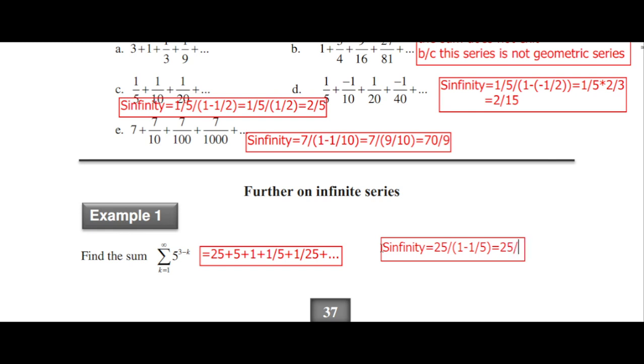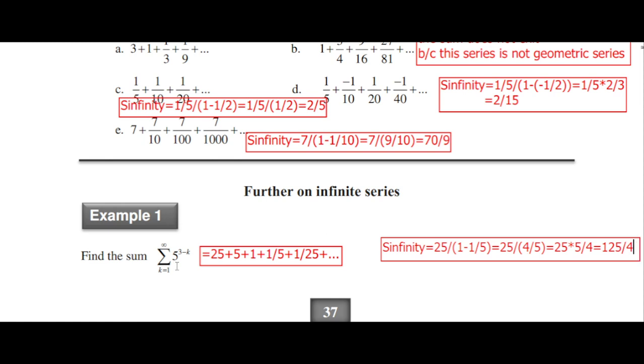25 over, in brackets, 1 minus 1 over 5, which is 4 over 5, which is equal to 25 divided by 4 over 5, which means 25 times 5 over 4, which is equal to 125 over 4.